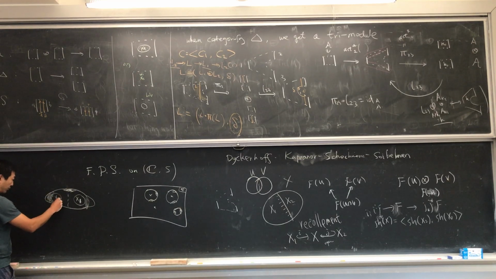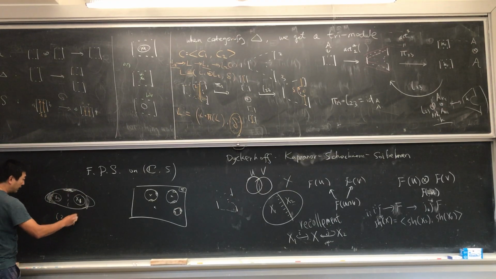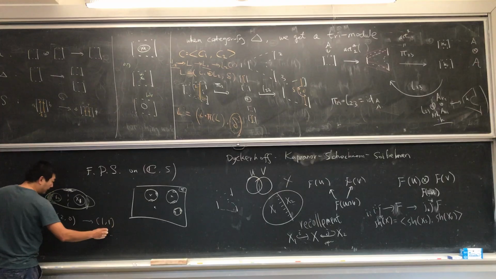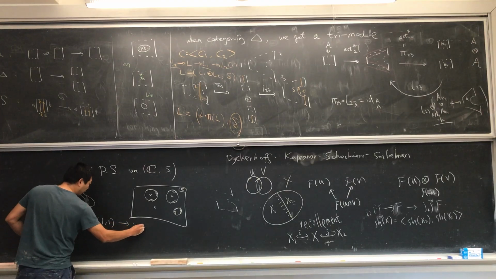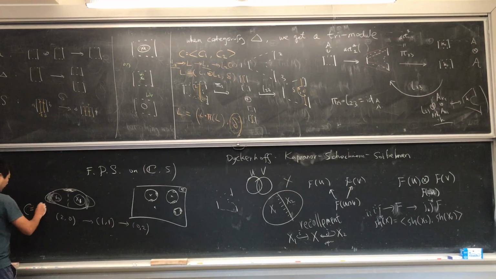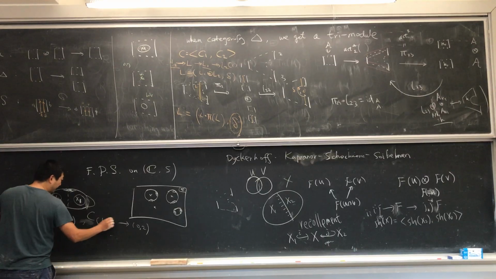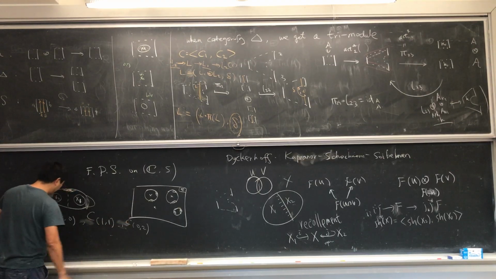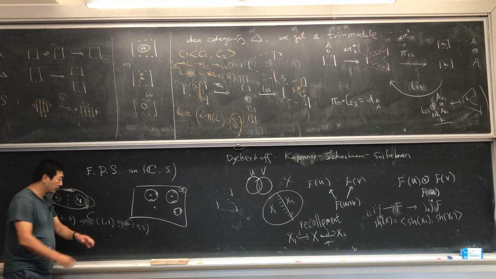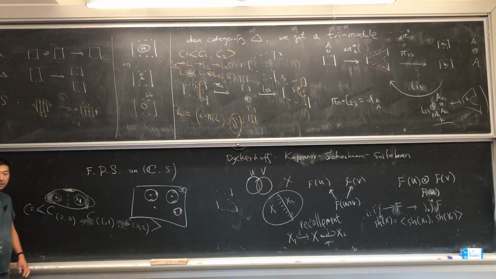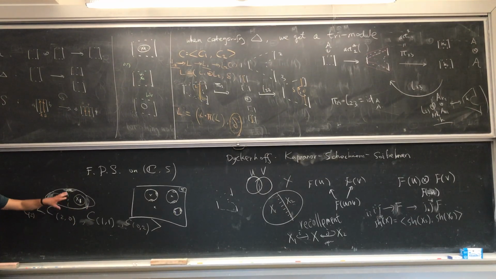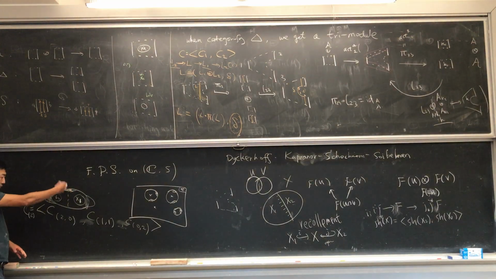Suppose you have, say, 2 strands on this, 2,0 can map to 1,1, can map to 0,2. So your category C2 should be an SOD of the form C20, C11, C02.